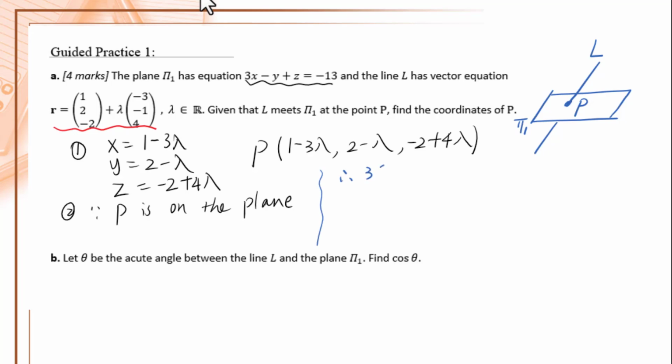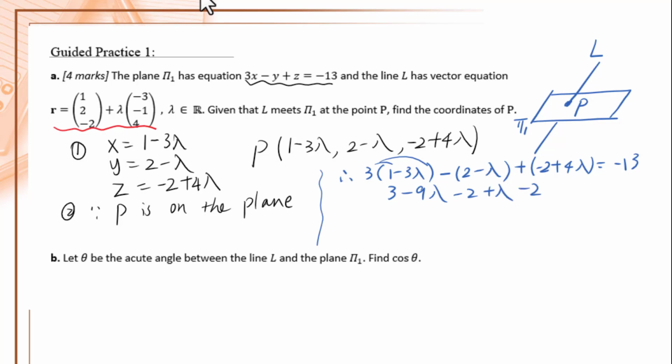So we get 3 times (1 minus 3 lambda) minus (2 minus lambda) plus (negative 2 plus 4 lambda) equals negative 13. Distributive property: 3 minus 9 lambda minus 2 plus lambda minus 2 plus 4 lambda equals negative 13. Combine like terms: negative 4 lambda minus 1 equals negative 13.